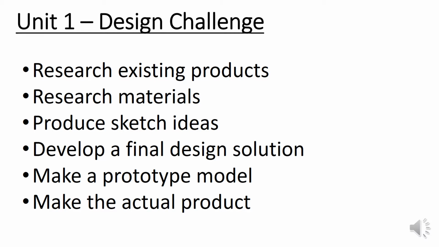That first design challenge unit, which you work on all the way through year 11 more or less, involves you researching existing products, researching the types of materials they're made from, and then from that producing some sketch ideas of the product you want to make, developing those into a final design solution. You'll then model the prototype to check proportions and things, and then you actually make the final product.